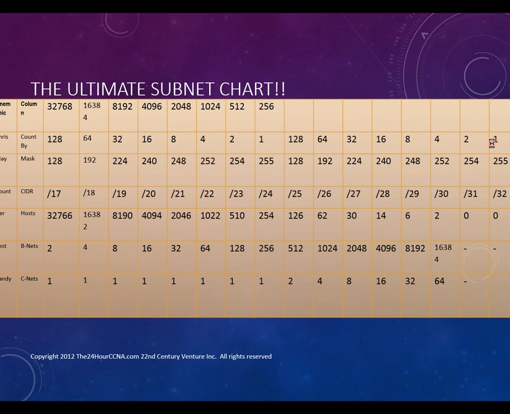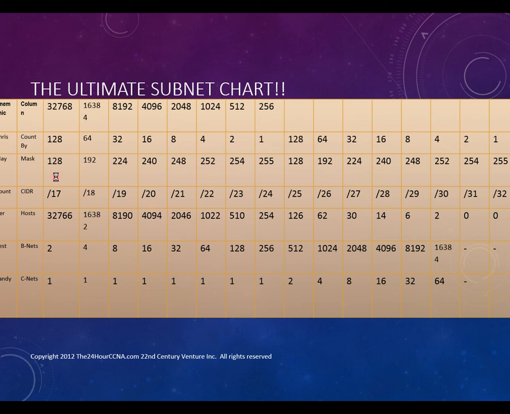So that's the first thing you do. And then what I normally do is put together the BNets and CNets and the hosts. And doing the CIDR numbers are easy. You just start after 16. You go to 17 all the way out to 32. And again, you have to have your masks memorized to make this work also.